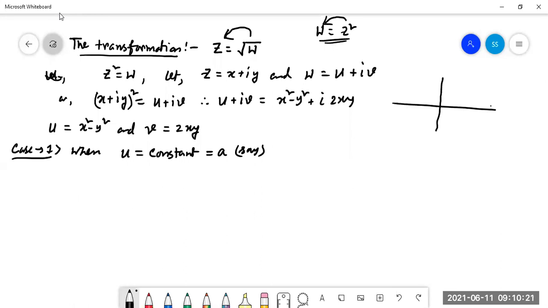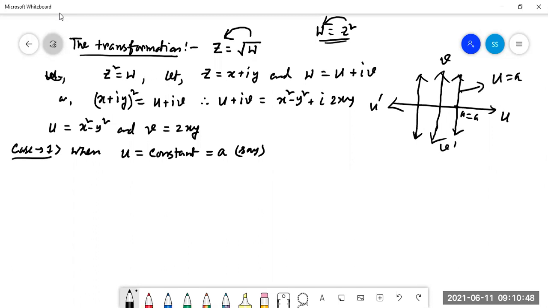If we take that this is the U, U dash, V, V dash axes, then U equal to constant means one straight line either here or here. If we take U equal to A, then this is the straight line U equal to A, which is parallel to the V axis.